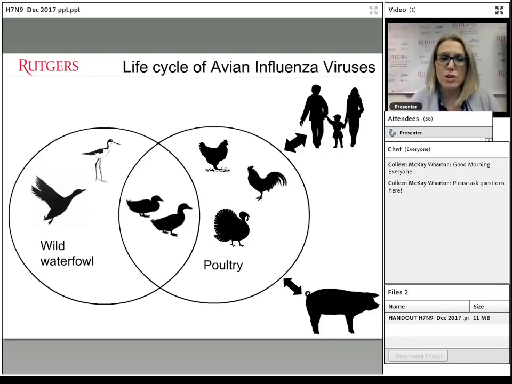Or alternatively, the viruses, because they do mutate very fast, may mutate slightly and cause infection in a different bird species, or we go from low pathogenicity to high pathogenicity, but I'll talk about that in a second.